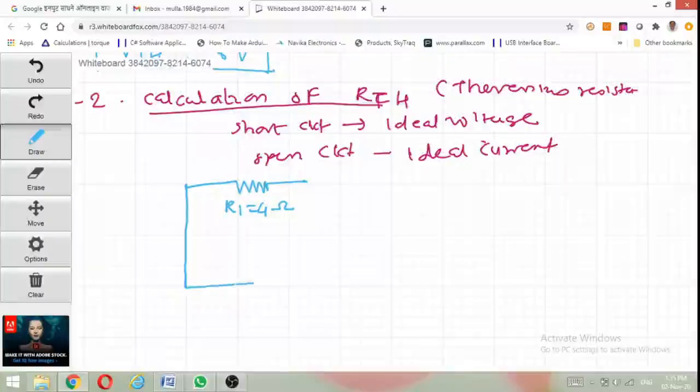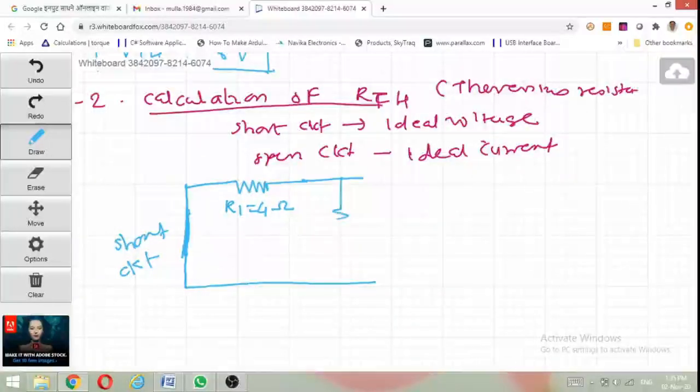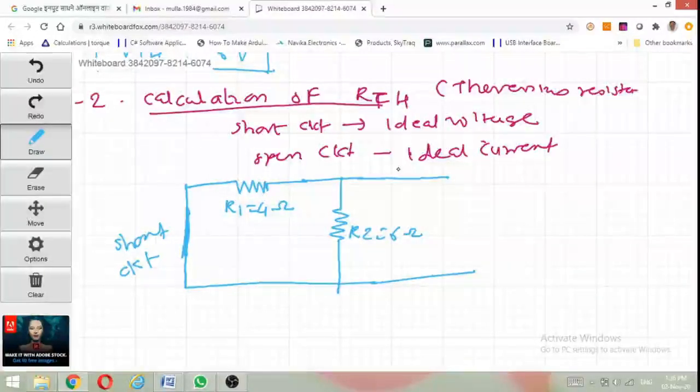Then here is the short circuit. Then resistor R2, 6 ohm, and then terminals A and B, and the resistance between these two terminals is called RTH.